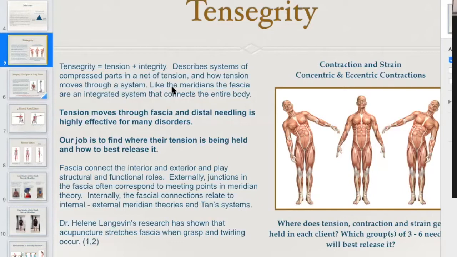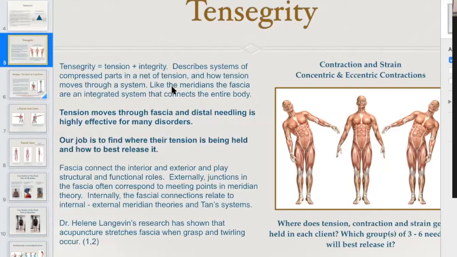So rather than thinking in terms of chi stagnation, I find it really valuable to think about where this person is holding tension, and how that tension is being held in a way that's systemic. So how can I find the 3 points that are best going to release the tension from the whole system?